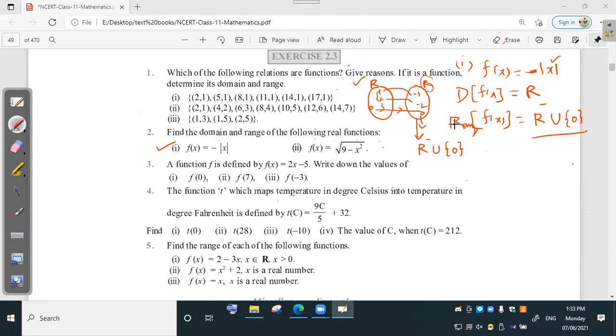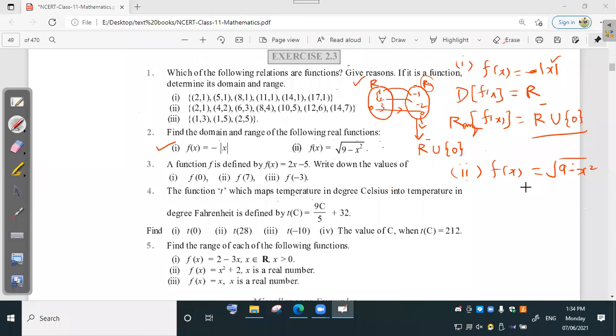So before proceeding, you should analyze how this function behaves, that is, the characteristic of this function, like 9 minus x square under the root. You know that a root is always positive, correct or not? Root is always positive.